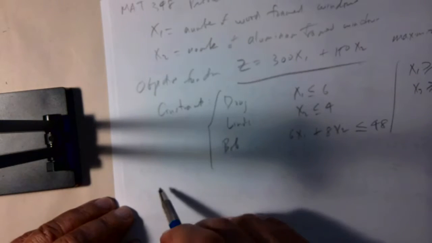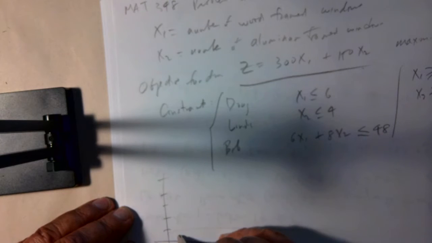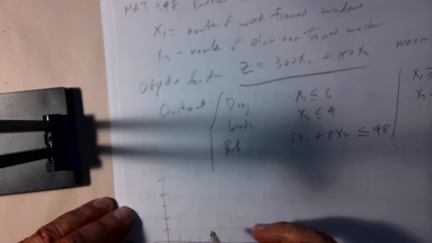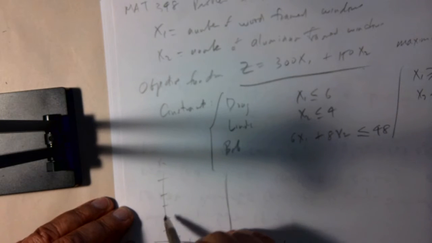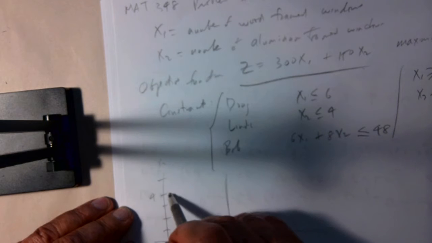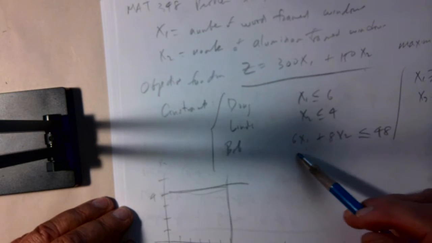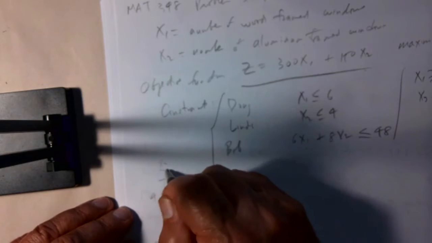And if you want to try to solve it graphically, with the ruler and graph paper, you can do it better, but this is the X1 axis. X1 is at most 6, so you're somewhere in this strip. And X2 is at most 4, so you're in this rectangle. But then you also have this condition. So for example, when X1 is 0, X2 is 6, this is a straight line.